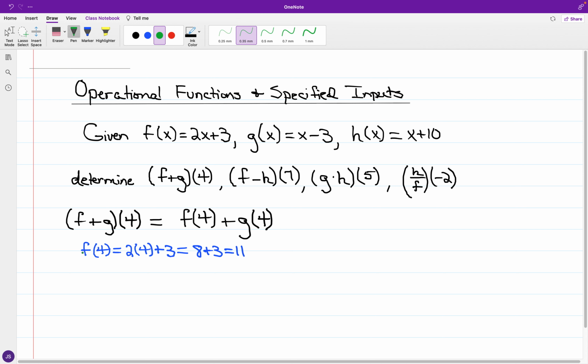And in the case of g of 4, g of the input is equal to the input minus 3, so g of 4 is equal to 4 minus 3, which is 1. So for f plus g of 4, we're looking at 11 plus 1, and the output comes out to 12.